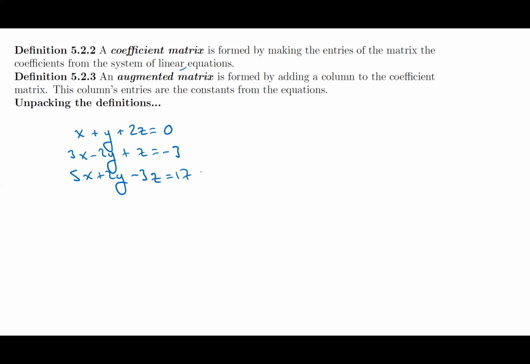Okay, so the coefficient matrix, I get that by taking my coefficients. So notice my first row here represents my first equation, right? My coefficient of x is 1, like x, y, z. In my first equation, my x coefficient is 1, coefficient of y is 1, and coefficient of z is 2. So 1, 1, 2 is my first row.